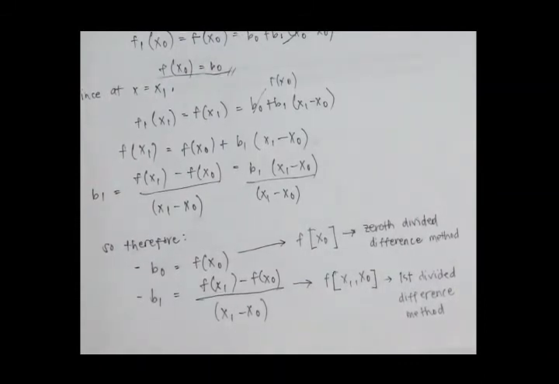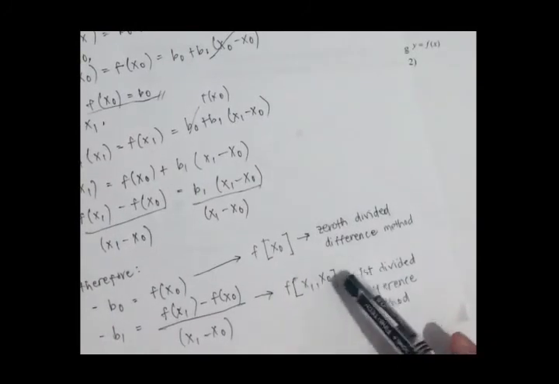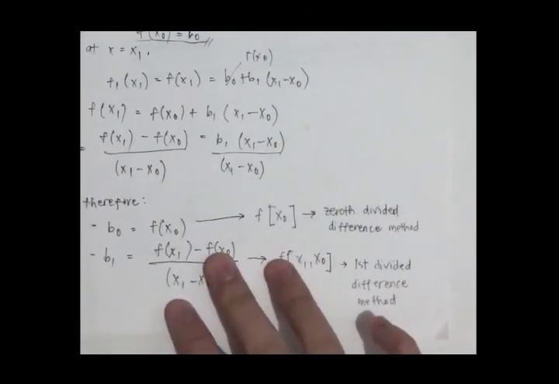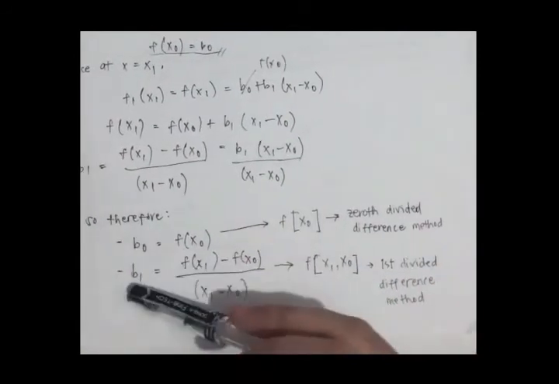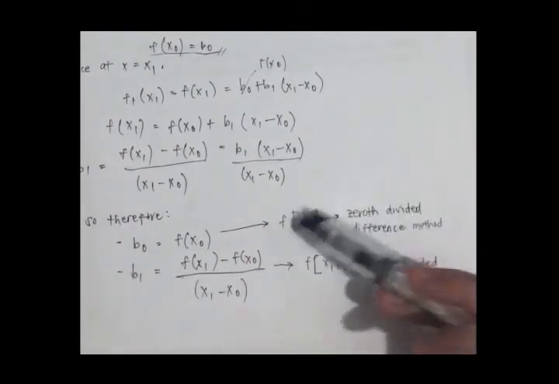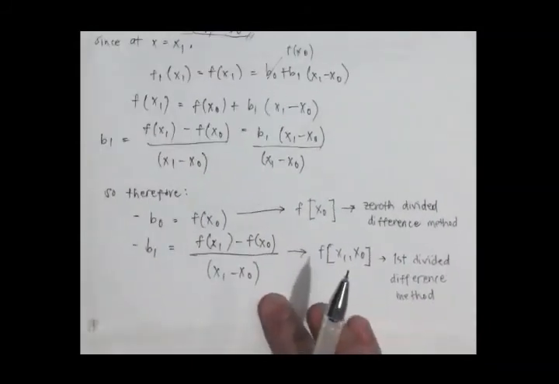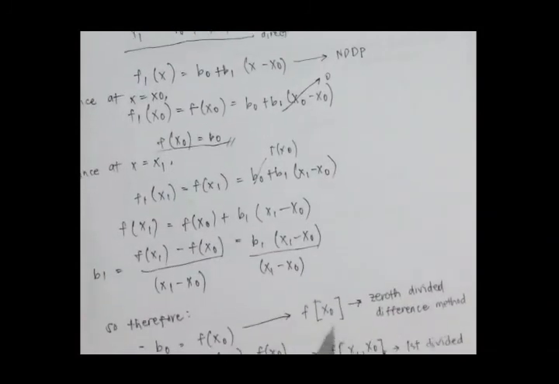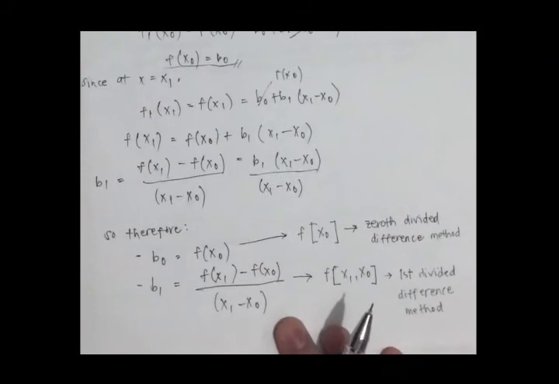Hindi pa natin ma-appreciate yan sa ngayon, pero pag natakal na yung second order interpolation and general order interpolation, makikita nyo yung importance or yung significance of rewriting these unknown coefficients, itong b sub 0, b sub 1, to these particular forms. So, yun lang. Yun na yung Newton's divided difference interpolation. Sana na-gets nyo naman.